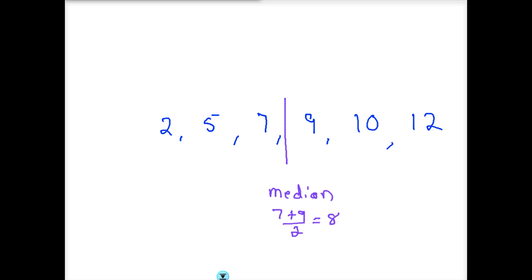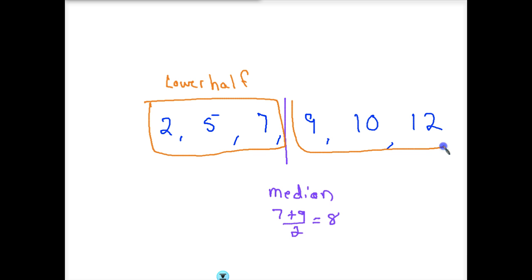Okay, so you're good there. And you said you got the high and the low. So Danny, look at this real quick. All this data, this is the lower half, right? So that's your lower half. And this is your upper half. Do you get that? Danny, are you good there?